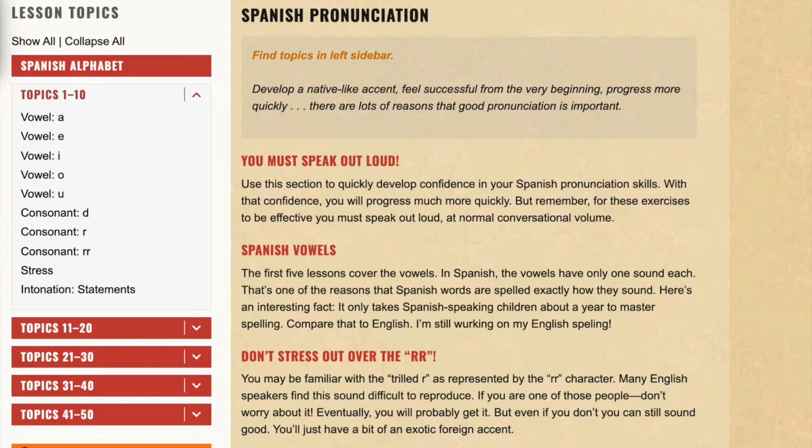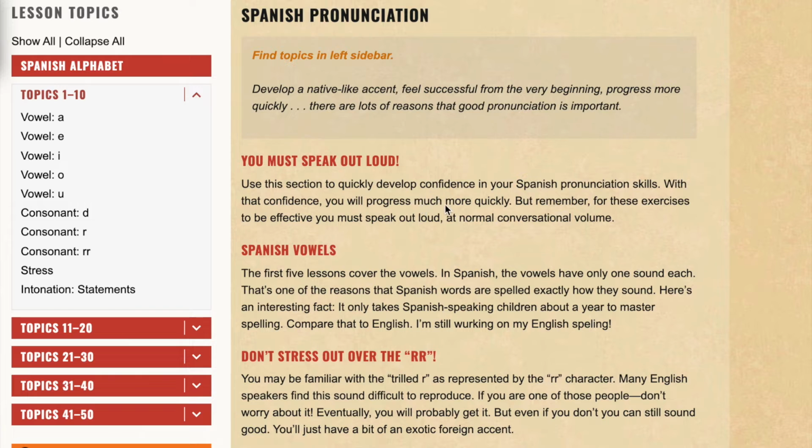So basically, in order to practice, we have to speak louder than you would otherwise speak in a conversation, right? You probably have to enunciate the words and speak loudly.